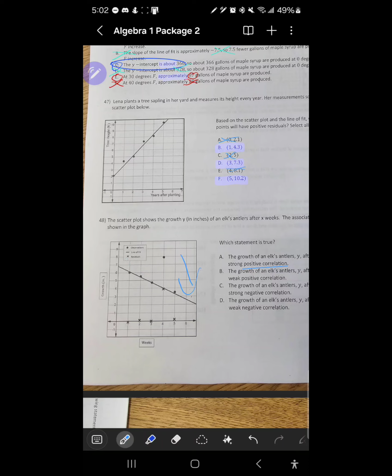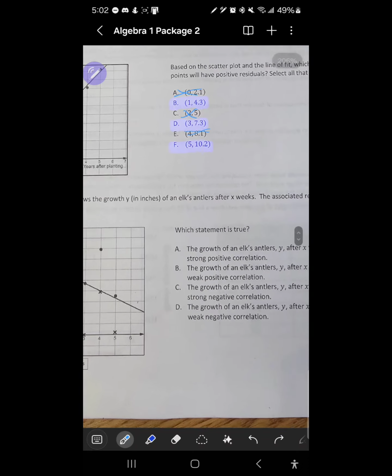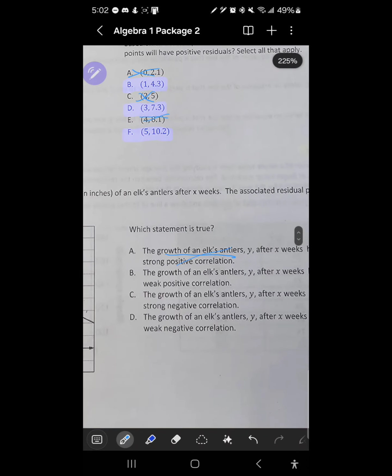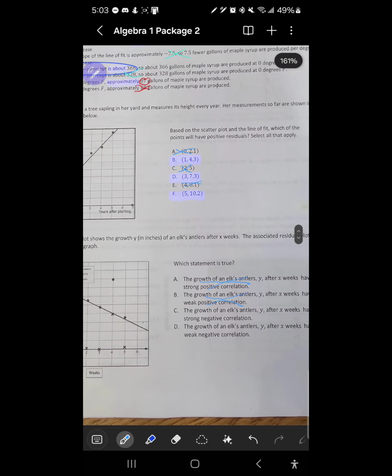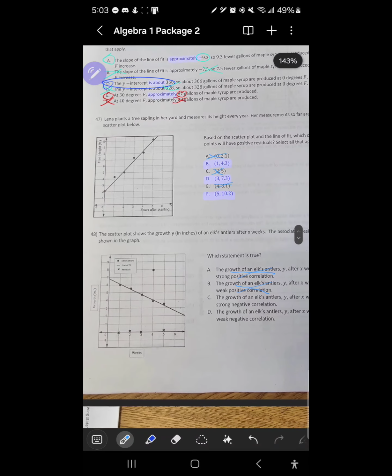If the line is going down, it is a negative line, decreasing over time. So I can say this is not my answer because it's talking about positive correlation, and this is also not my answer because it's talking about positive correlation.